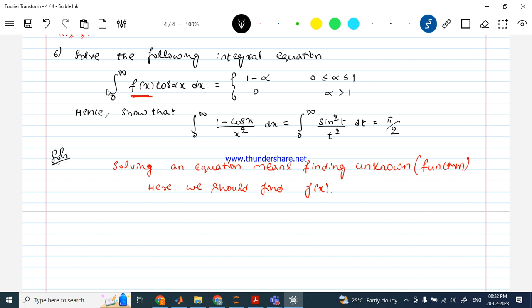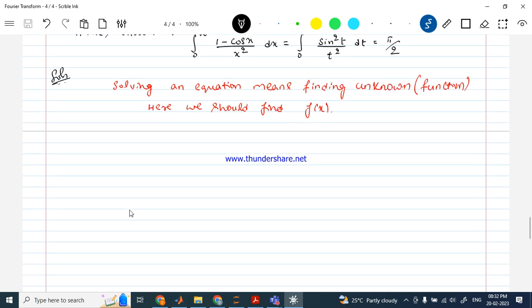Just observe this expression carefully. If you remember, if I just multiply this expression by square root of 2 by pi, we'll get square root of 2 by pi integration 0 to infinity f of x cos alpha x dx. That expression is nothing but Fourier cosine transform. Let me just consider the equation.